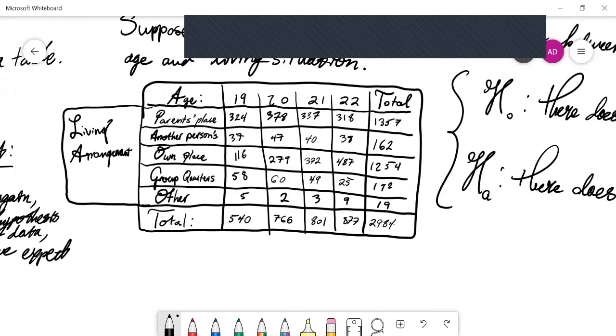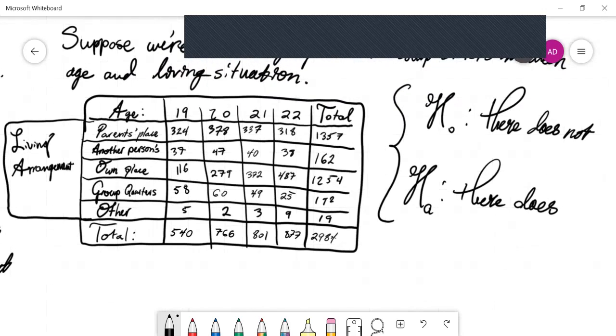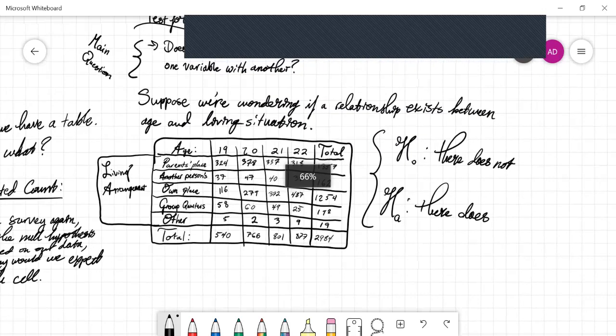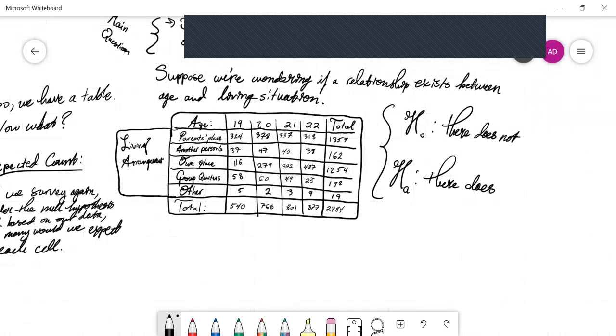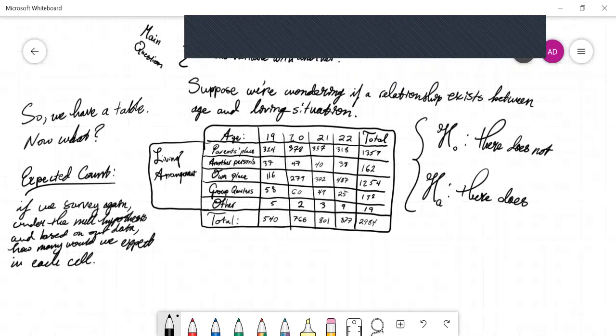Okay, what we surveyed was 58, but based on this and under the null hypothesis, how many would we expect in a theoretical count? So this expected count has a formula.